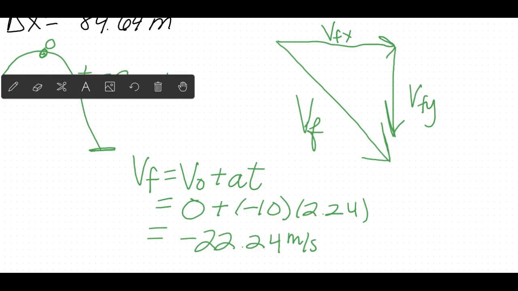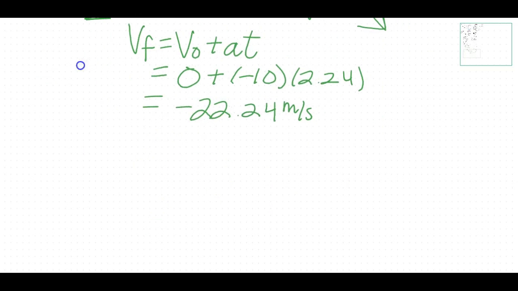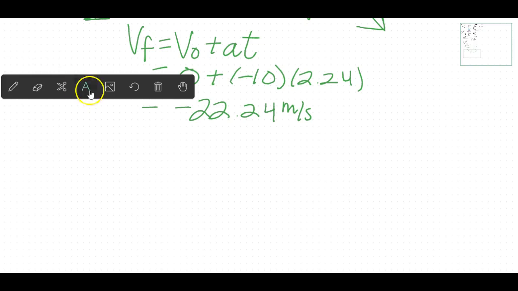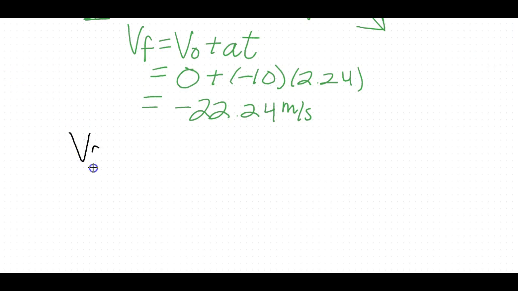To find our total v final, our total impact, we need to find the hypotenuse of our triangle. So we need to do the Pythagorean theorem. V final total squared is equal to v final x squared plus v final y squared.